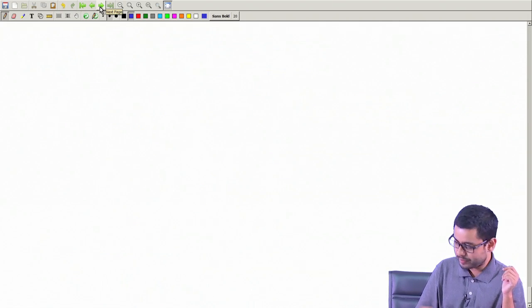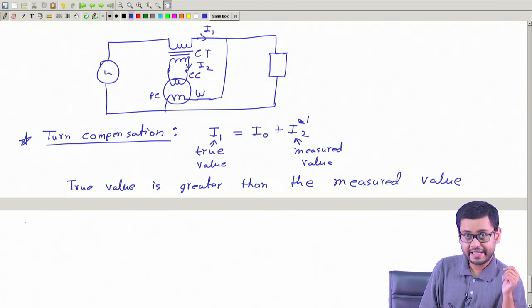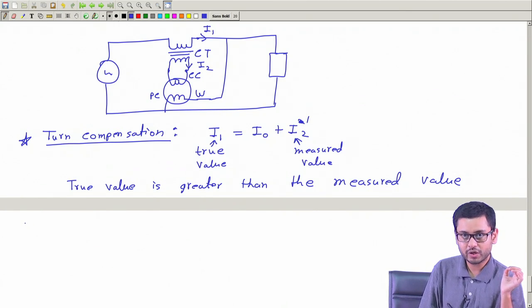Therefore what the manufacturers do is use a slightly different turns ratio than the nominal turns ratio.